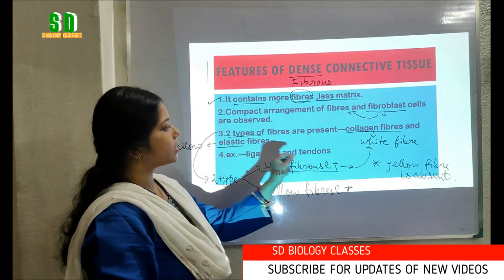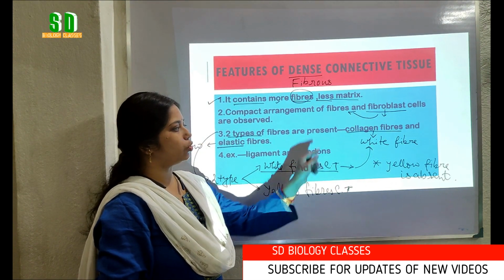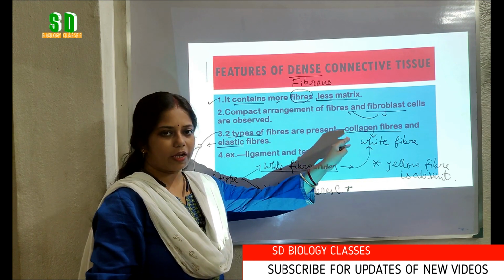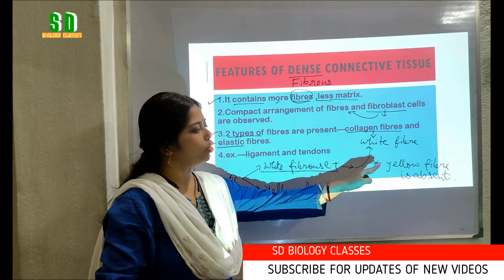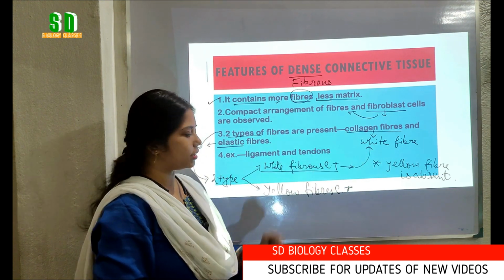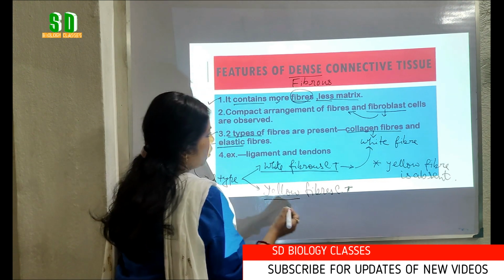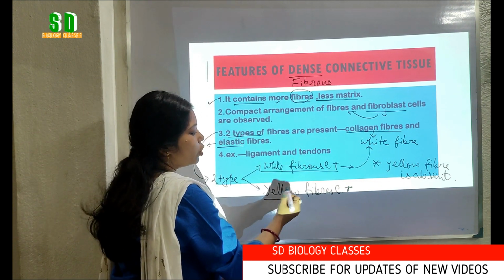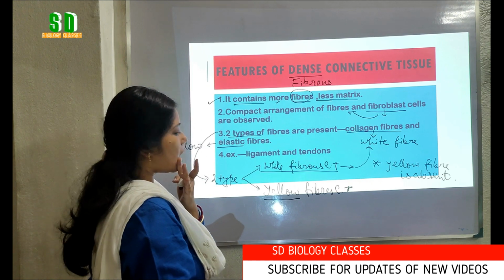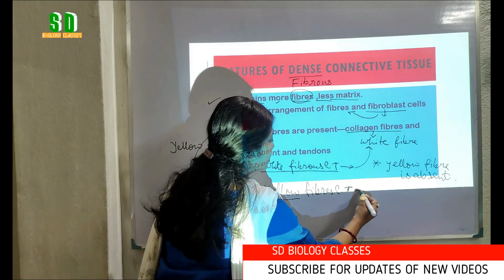So, white fibrous connective tissues are those connective tissues that contain more collagen fiber and where the yellow fiber is completely absent. Whereas another type of dense connective tissue is yellow fibrous connective tissue. And what does it mean?